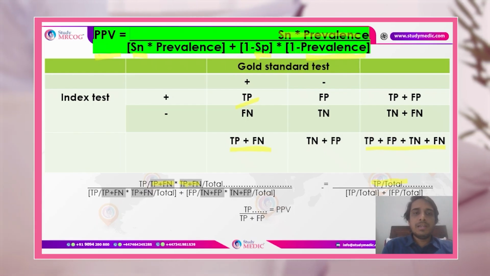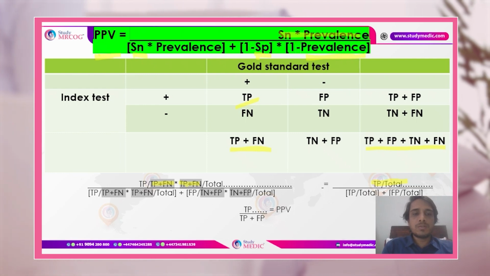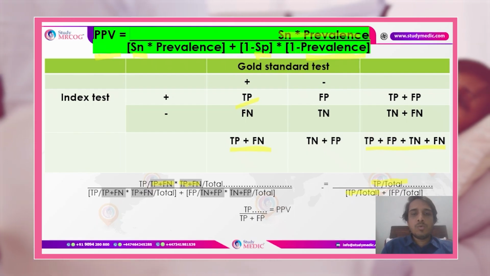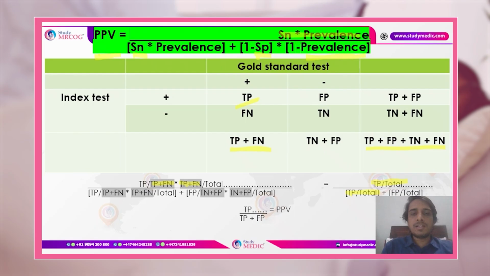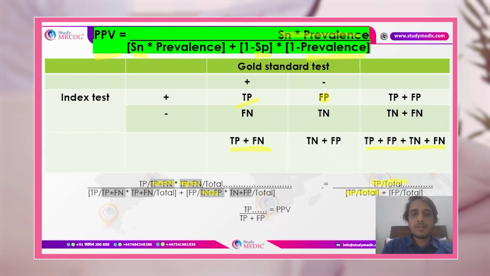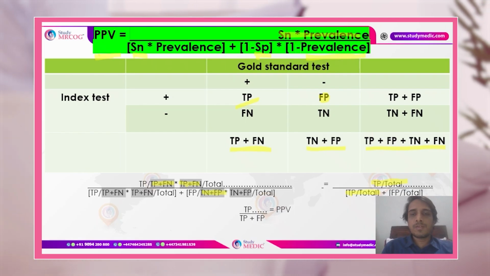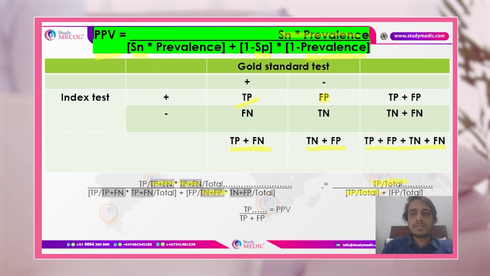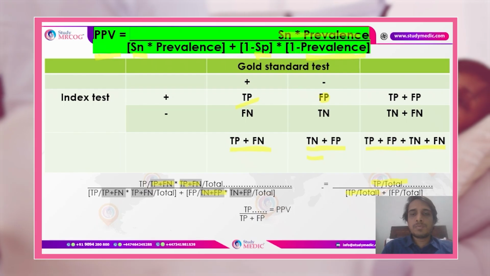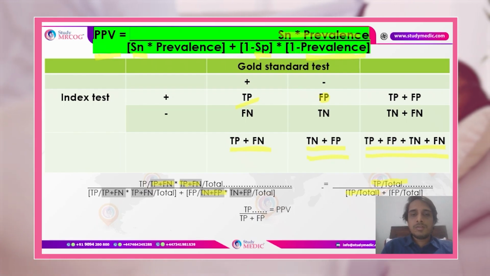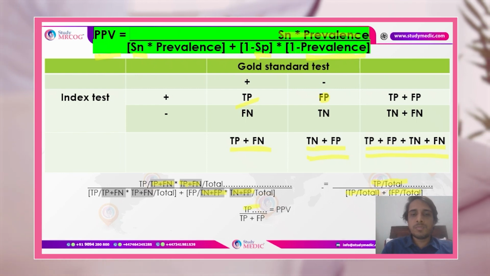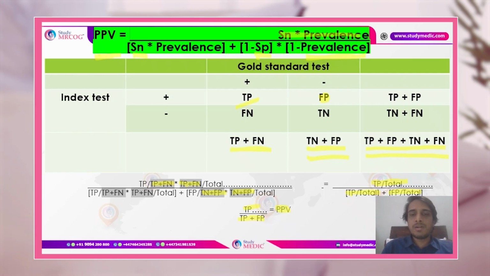Similarly, 1 minus specificity is nothing but the false positive rate, which is false positive by true negative plus false positive. And 1 minus prevalence is true negative plus false positive divided by everyone. So these will cancel and it will become false positive by total. Overall it gives true positive by true positive plus false positive, which is nothing but the positive predictive value.